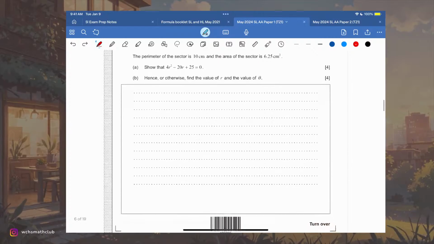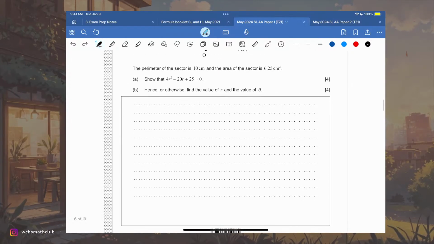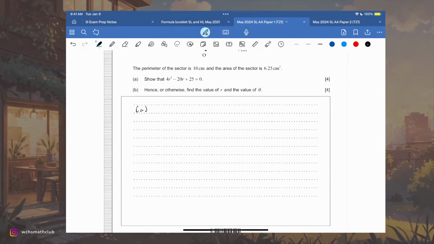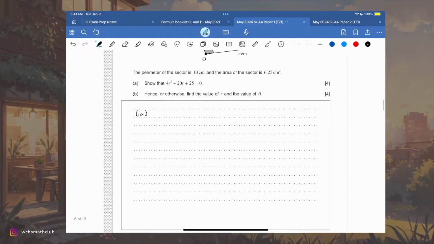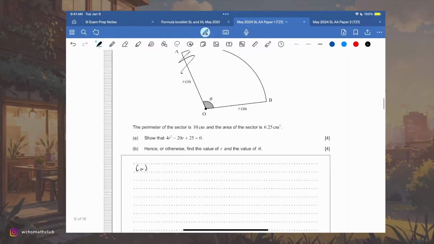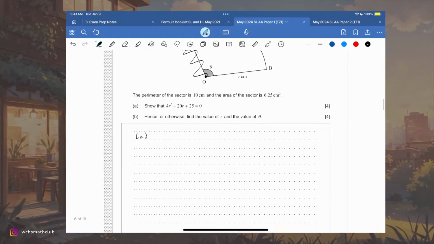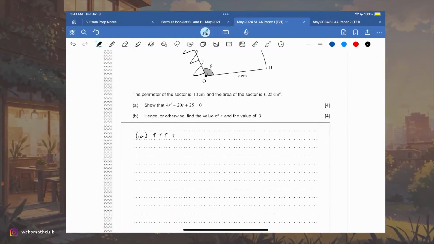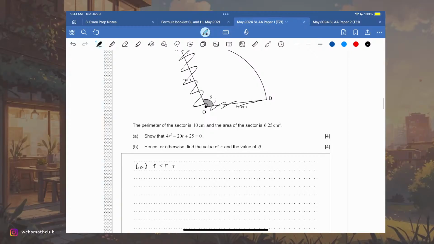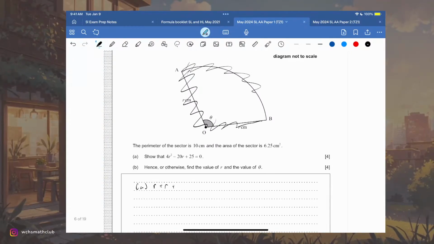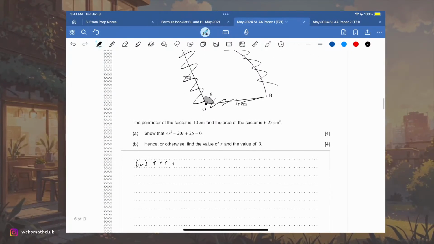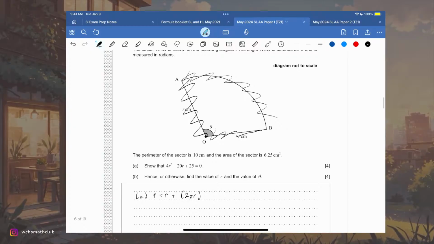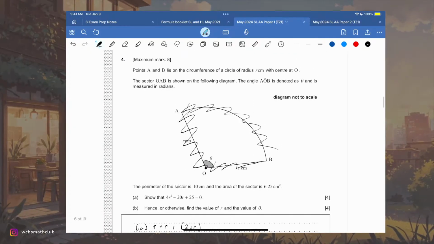So what that will look like in terms of math, for part A, we have this first length right here, which is r, plus r for the second length, and then for this arc region, we're going to do essentially the circumference, which is 2 pi r, and this is not going to be the full circumference, it's just going to be the part that's subtended by this angle.